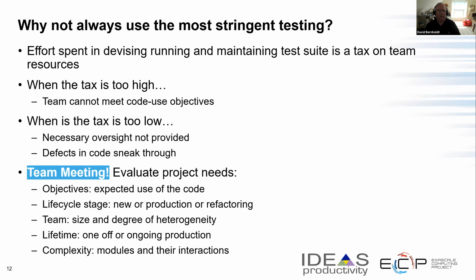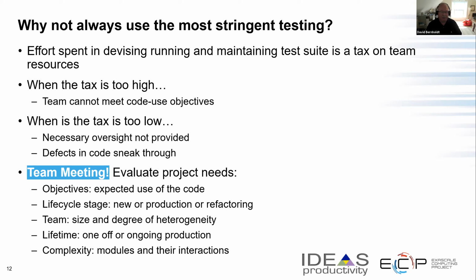So why not always use the most stringent testing? As we've discussed, there can be a lot of work here, and it can take a long time to run the tests. So it's really useful to think about these things as a team and to evaluate what the project really needs. We'll go back to what we discussed before. What are the expected uses of the code? Where are you in the life cycle of the code?